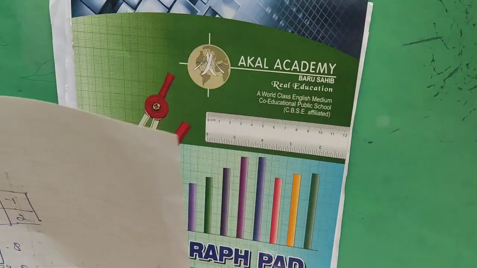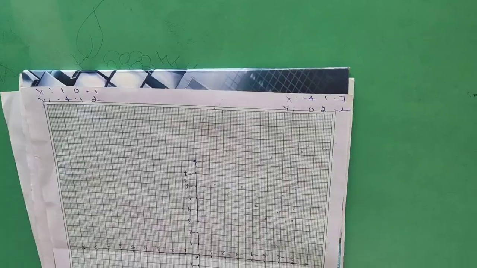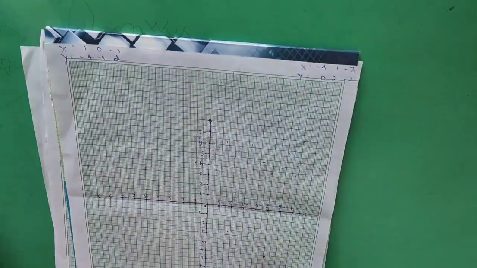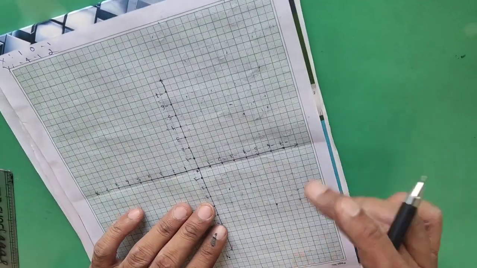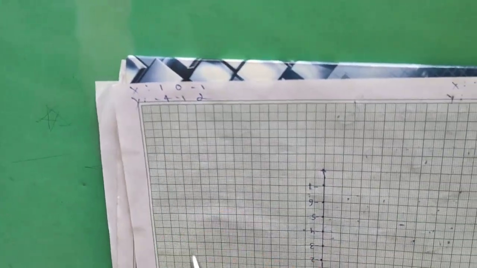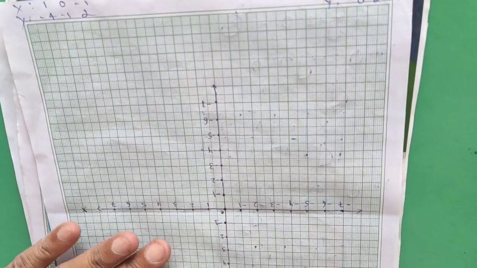Now we plot the graph of these lines. We plot the first line graphically. The first point: the value of x is 1 and the corresponding value of y is minus 4.